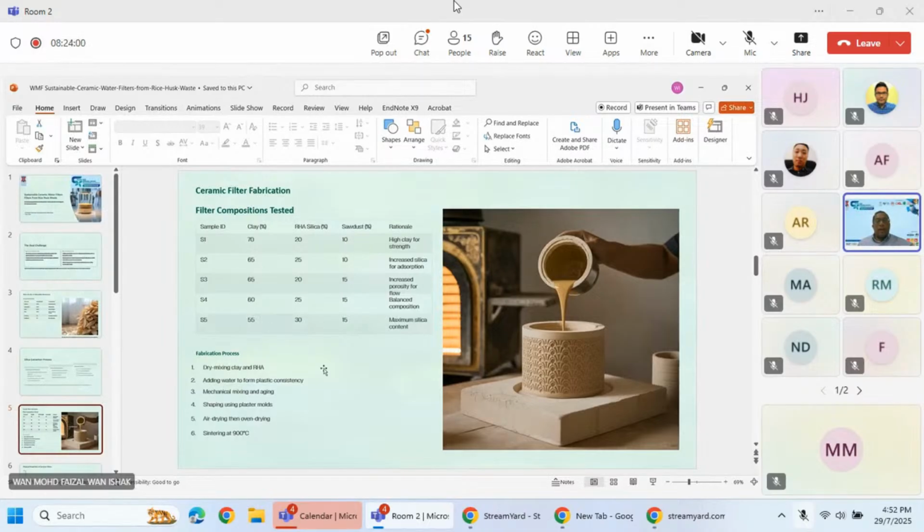The process includes dry mixing the clay, adding water to form a plastic mixture, mechanical mixing and aging, shaping using plaster molds, air drying, oven drying, and sintering at 900 degrees.